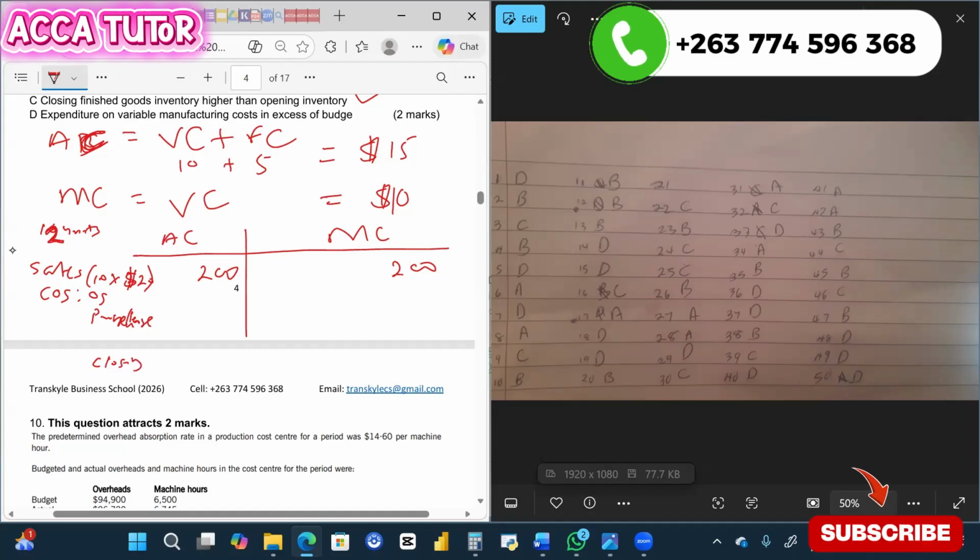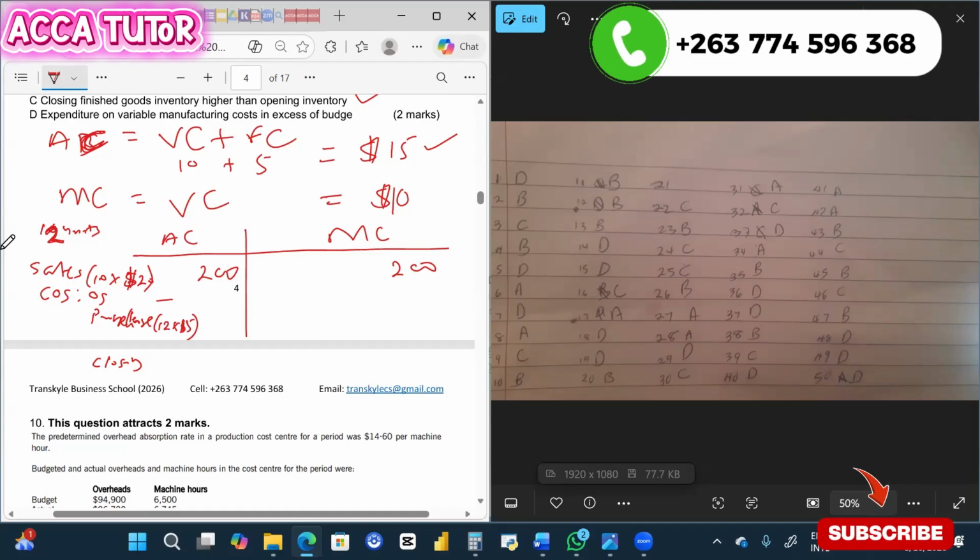So let's say the opening stock was 0. The purchases, we purchased 12 units at a cost of $15.